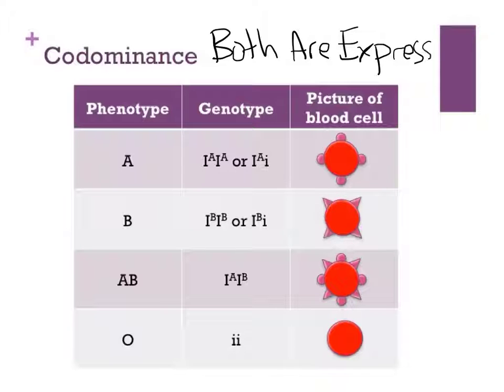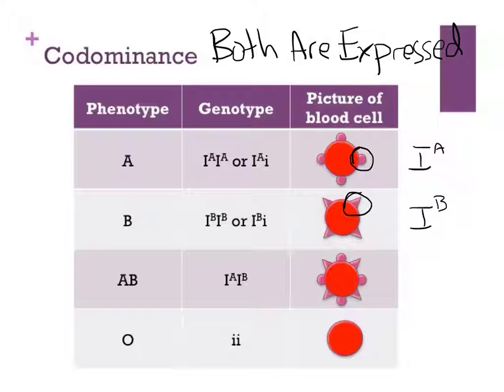And blood types are an example of not only codominance, but actually dominant recessive as well. So if you have the A allele, which is abbreviated IA here, then you'll produce these proteins that go on the outside of the red blood cell. If you have the B allele, you will produce the proteins on the outside that look like that.